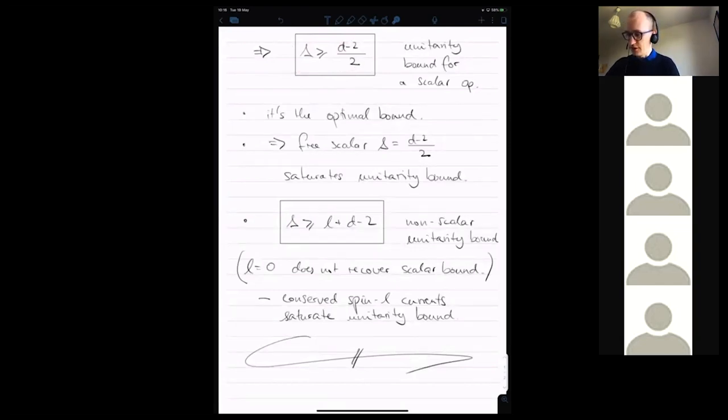As I said, this is the optimal bound and is saturated by the free scalar theory, as we have also established. And then just as an afterthought, although I didn't derive it, I gave you the general spin L version of the unitarity bound, and those are saturated by conserved spin L currents.